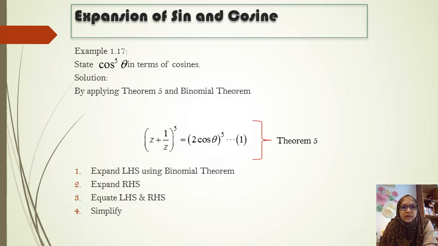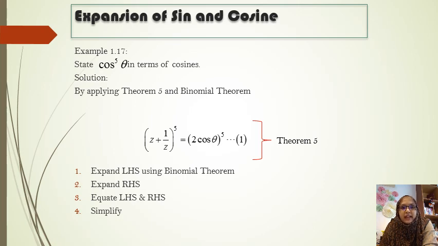Okay, for this example, cos theta power 5, we want to state it in terms of cosines, meaning cos. So by applying theorem 5 and the binomial theorem, 2 cos theta power 5 is equal to z plus 1 over z power 5, both from theorem 5.